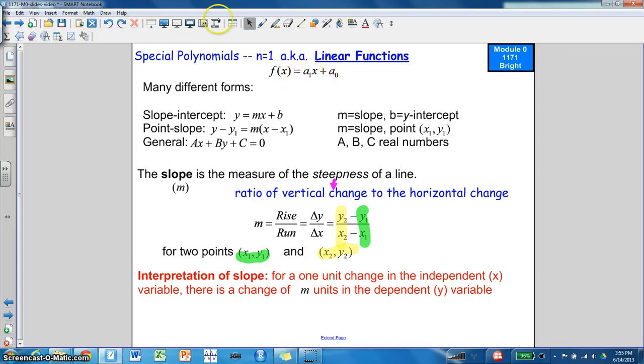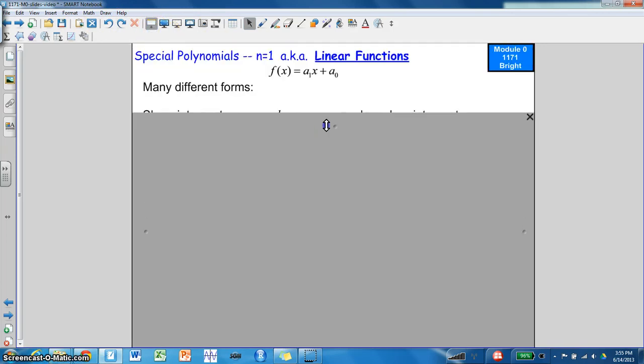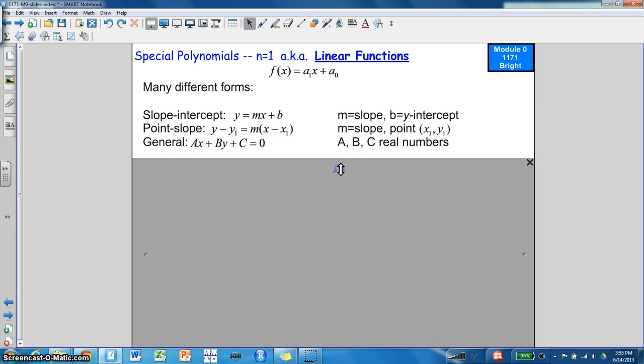There are many different forms that a line can take on. We're going to focus on 3 of them, and there are other forms, specifically for a horizontal or vertical line, but we'll leave those for you to explore on your own. The slope-intercept form is the one that most people remember.